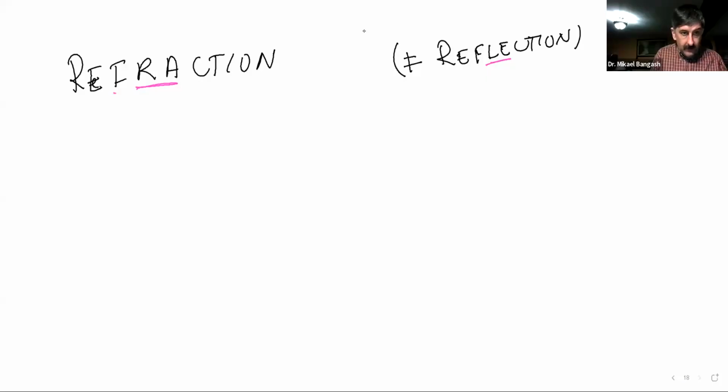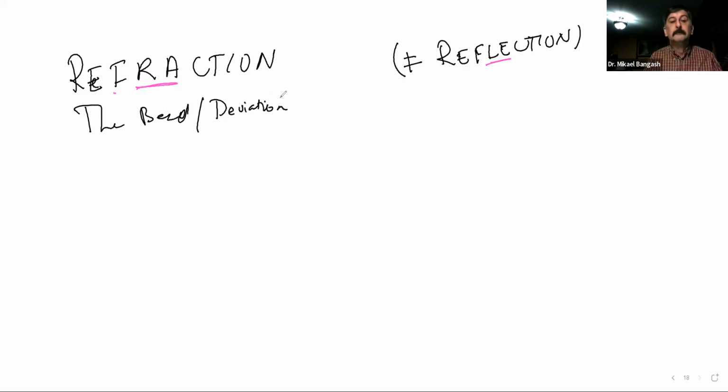Now, so what was the refraction? We could mainly say, to be clear, it's the bend. Or if you don't like the word bend, deviation. Or you can say you're getting off track.